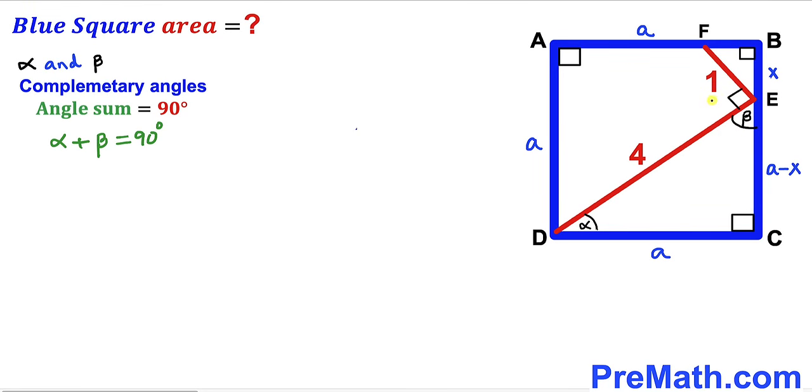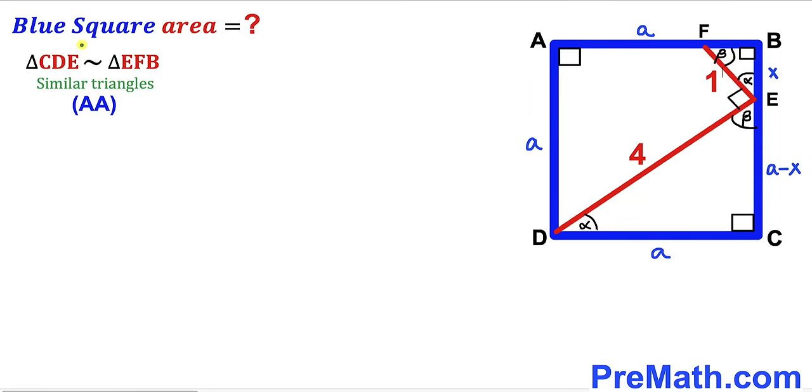Now this is our 90-degree angle and this is our angle beta, so this angle has got to be our angle alpha. Finally, in this tiny right triangle EFB, this angle is alpha and this angle is 90 degrees, so this angle has got to be our angle beta.